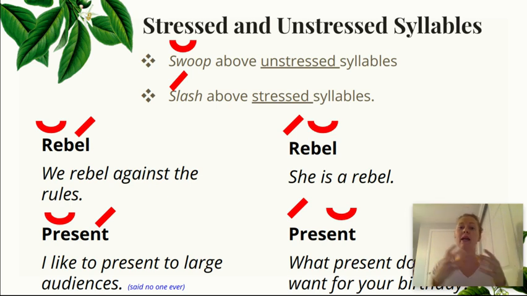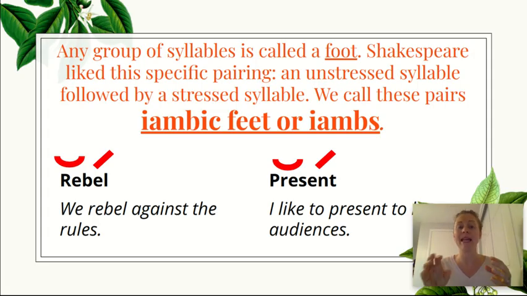So these are stressed and unstressed syllables. Every word that we speak in the English language has a stressed and unstressed combination of sounds in its syllables. Now, in Shakespearean sonnets, and in poetry, we mark the stresses and unstresses by using something called meter. And when we talk about meter, any group of syllables we would call a foot.